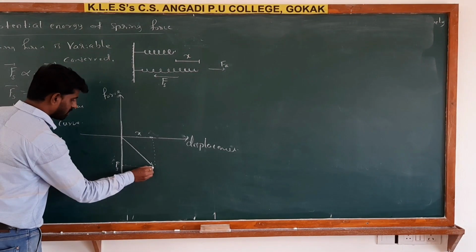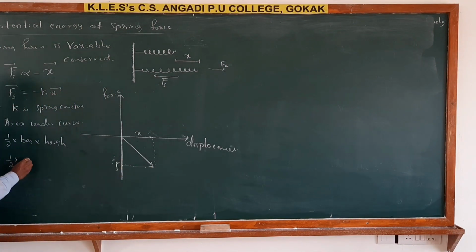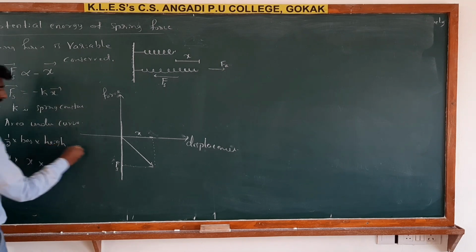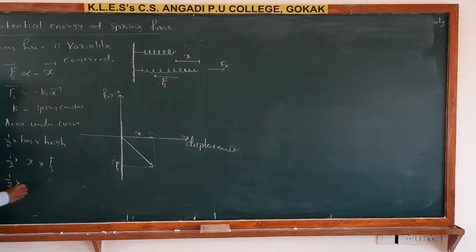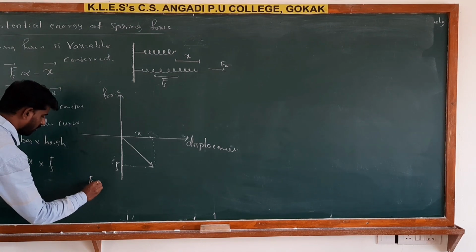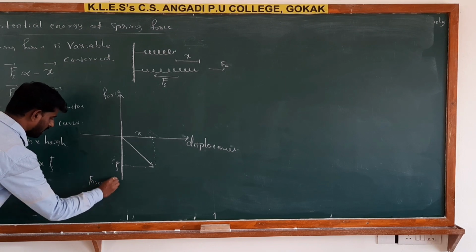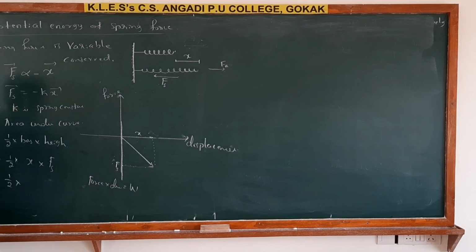How much is the base? It is x. And how much is the height? This is the spring force Fs. So 1/2 force into displacement gives the work done. F into x: x as it is, and substitute the value of Fs.